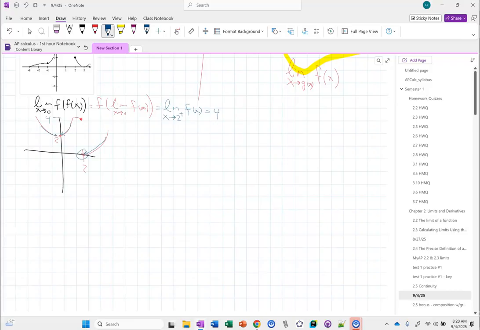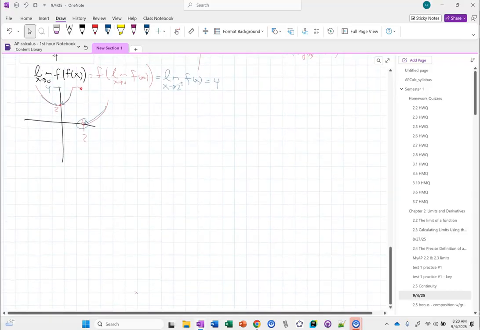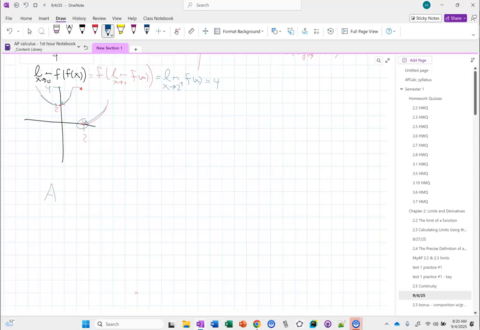Let's start with you, and then Anthony will go. Okay, so I was asking a confirmation question. You're saying it comes from above, so the limit is going to 2 from the right, so then you would look at the next function as it goes to the limit from the right.